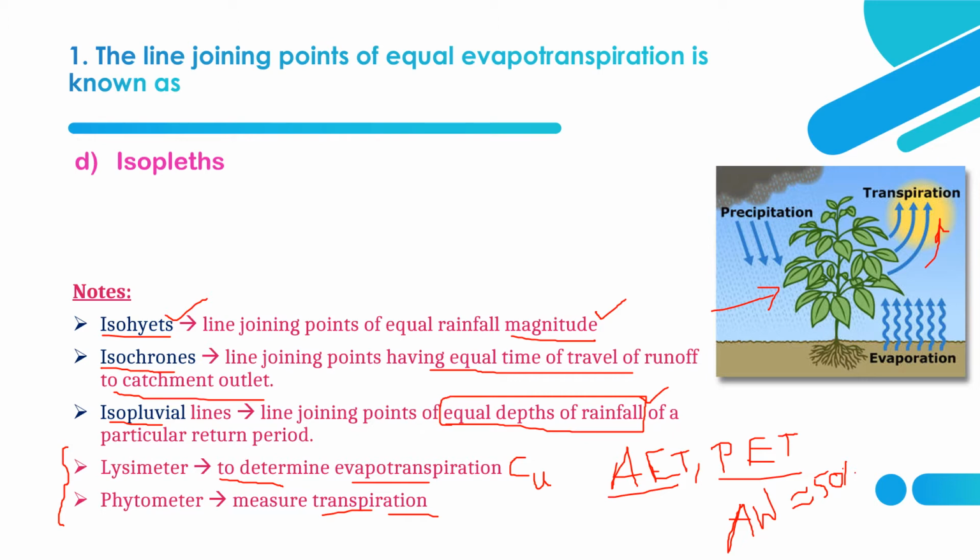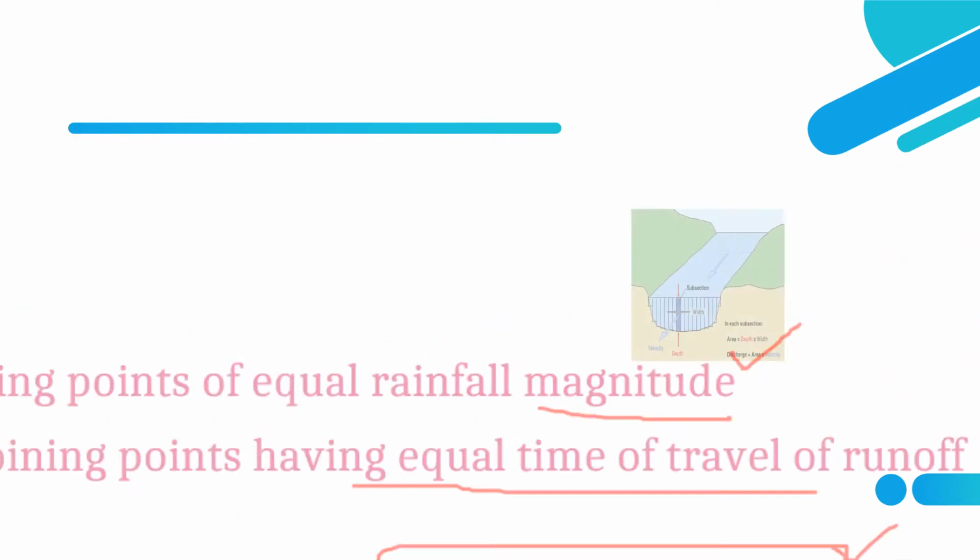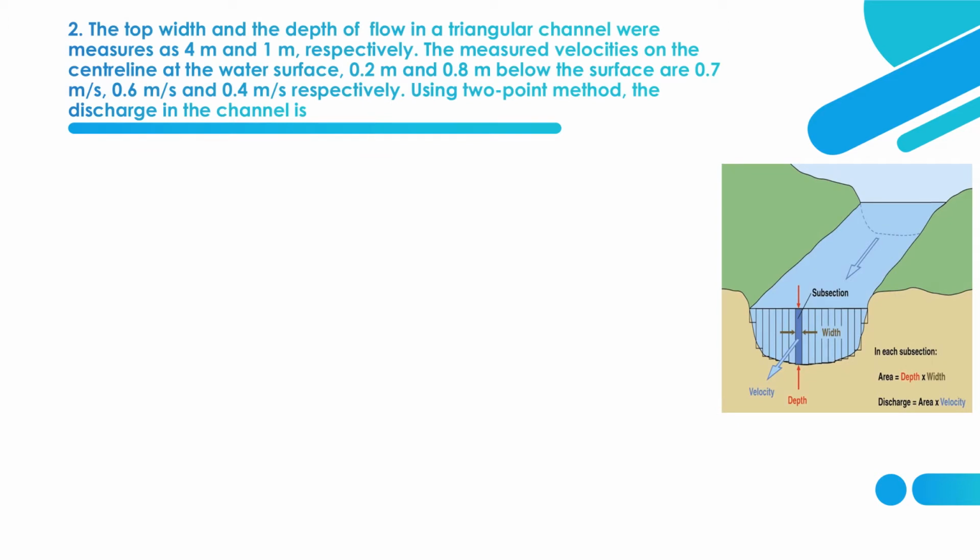Now let's move on to the second question. This question is based on the determination of discharge in a channel. The top width and the depth of flow in a triangular channel were measured as 4 meter and 1 meter respectively.